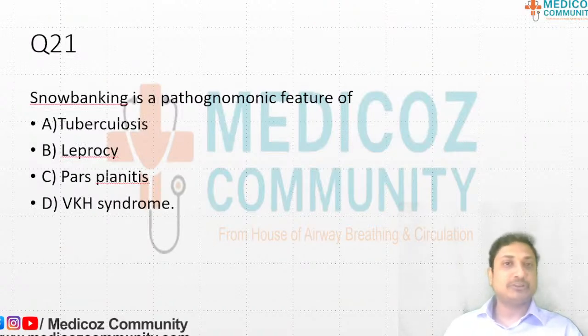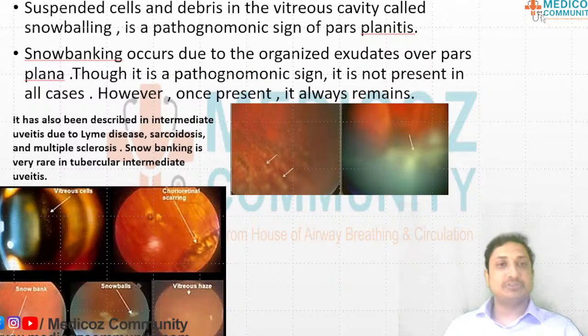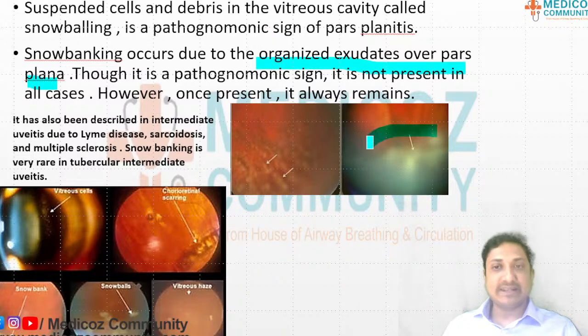Snow banking is a pathognomonic feature of A. Tuberculosis, B. Leprosy, C. Pars planitis, or D. VKH syndrome. Let us first see what is snow banking. Snow banking is due to organized exudates over the pars plana. Okay, there are exudates which are settling in the pars plana.